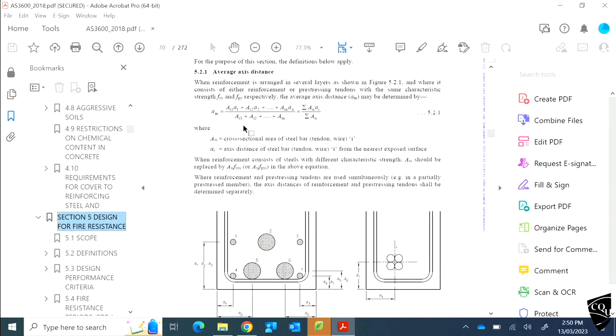If you have multiple bars, you take the area of each bar times its distance, add these up for all bars and divide by the total area, and you will get the average axial distance.